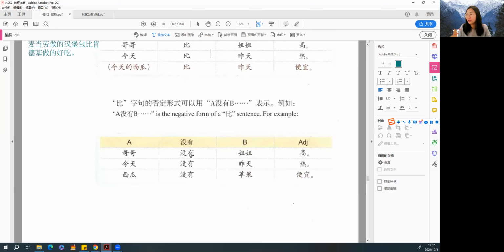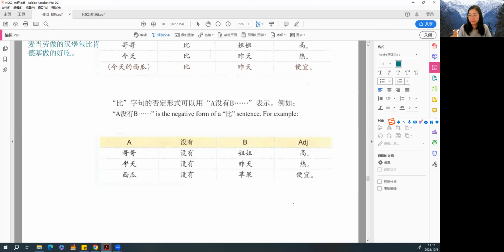We use 没有。哥哥没有姐姐高。今天没有昨天热。西瓜没有苹果便宜。That's actually not very usual, not very often to use as this one. 今天没有昨天热。So simply, today is not warmer than yesterday.